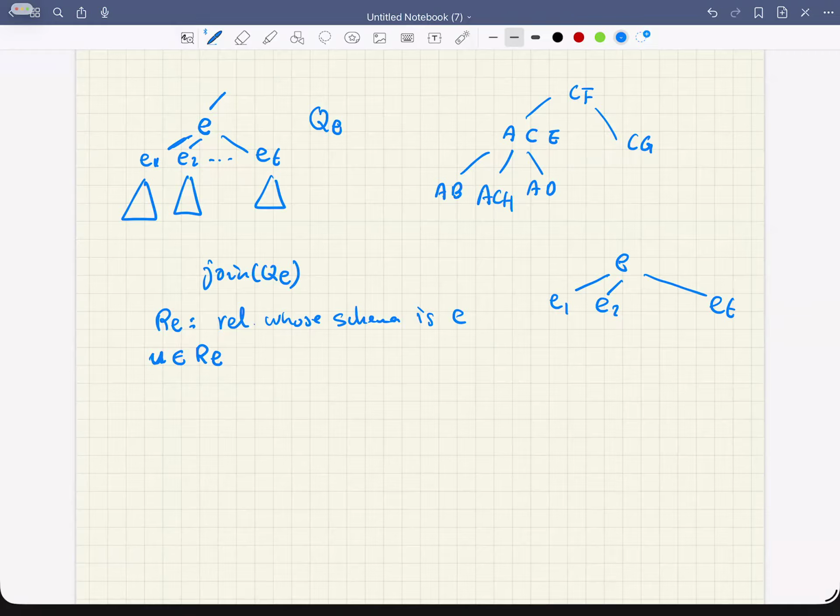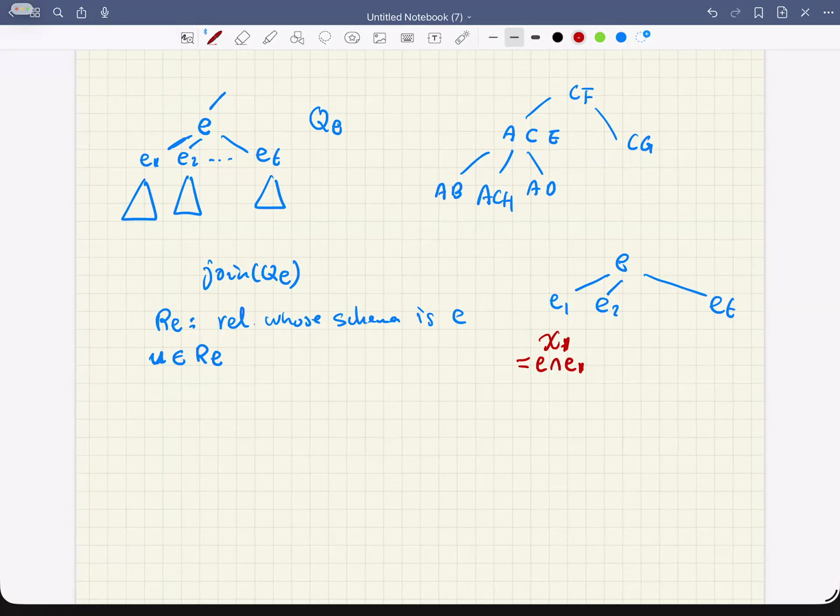So E1 is also a hyperedge. I'm going to say this Xi is a set; X1 here is the intersection of these two hyperedges. For example here, ACE and AB, what's the intersection? That's A.